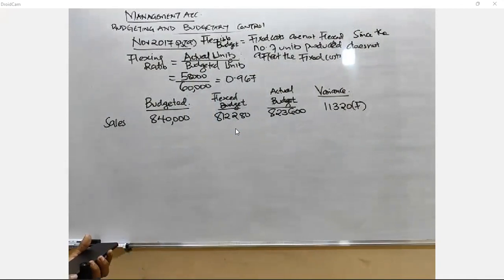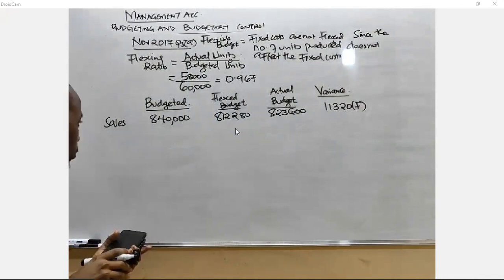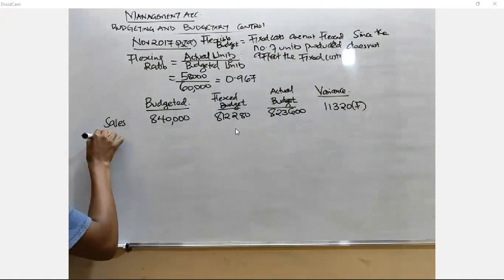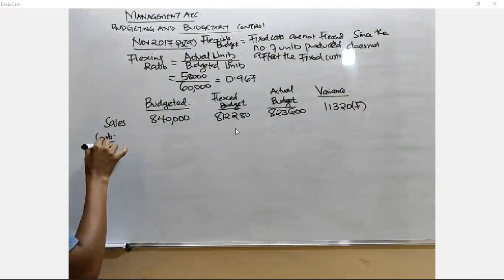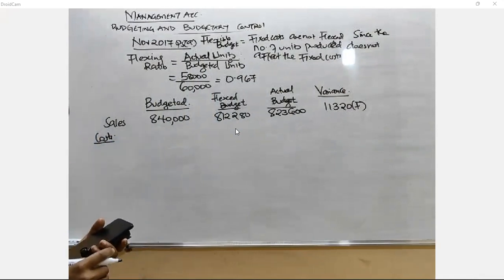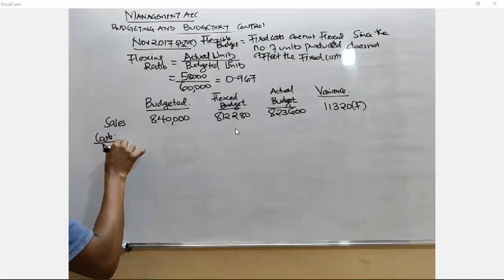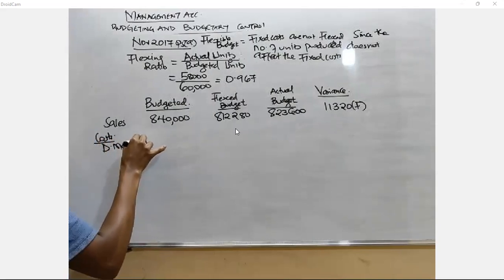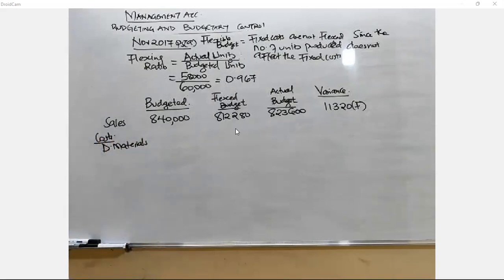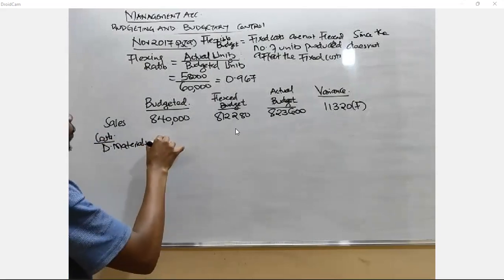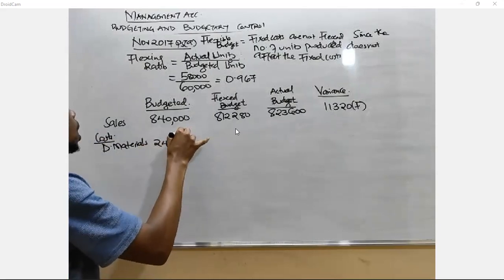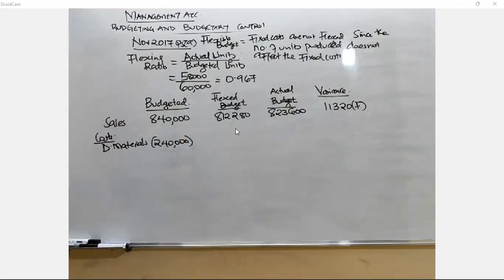Now, let us look at the costs. We start with the direct materials. The budgeted was 240,000.